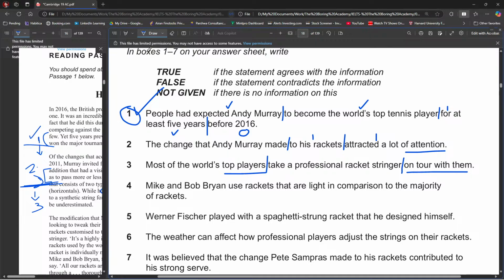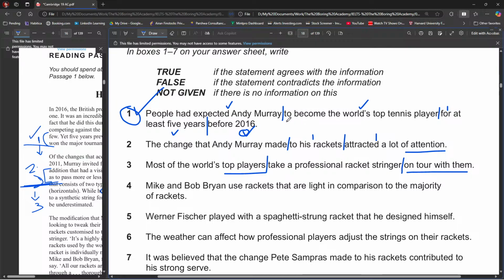And let's say this is exactly mentioned, 2016. The only difference is that the things are paraphrased. It is written in a different way, but every single piece of information is given in there. So what would you select now? I didn't catch that, please. Sorry? I didn't get what you said. Okay, let's say that you found the first information, people had expected Andy Murray.